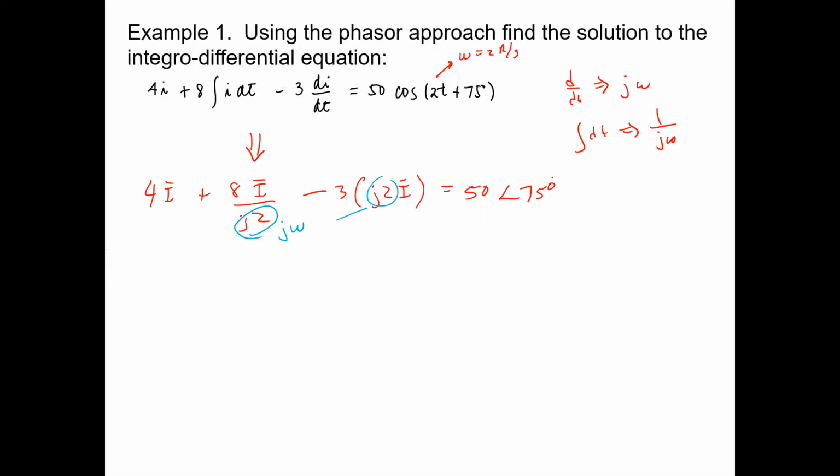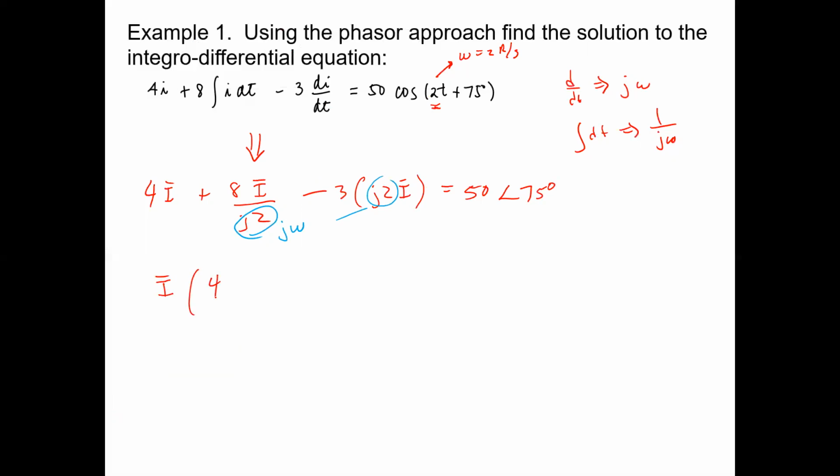No, it's j2, j omega. J times omega. Omega is 2 because of the sine wave having a frequency of 2. So it's j times 2. And so then you can just solve this thing for phasor I.